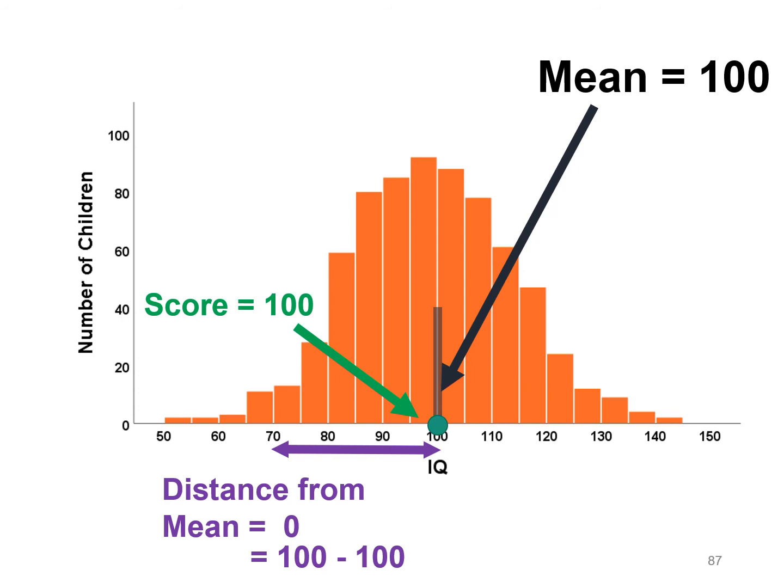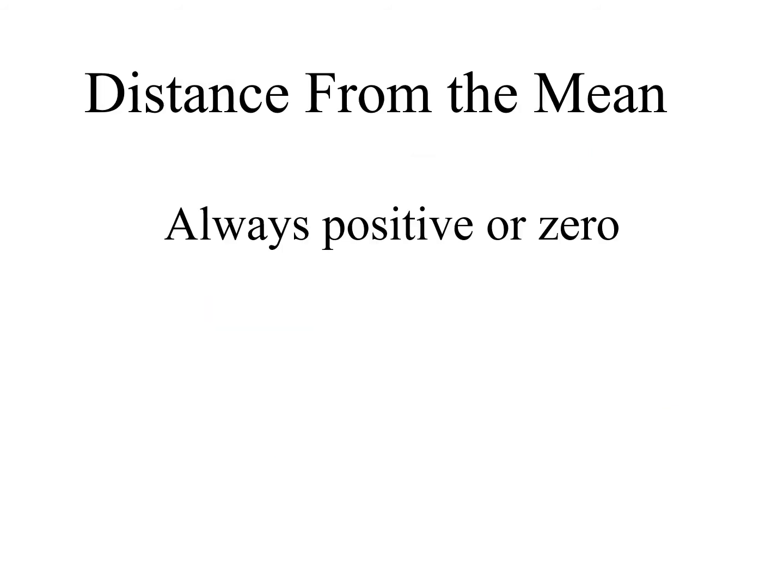So for all other scores, the distance is positive. But when a score is equal to the mean, the distance is 0. So let me repeat. A score's distance from the mean is always positive or 0. Distances are never negative.